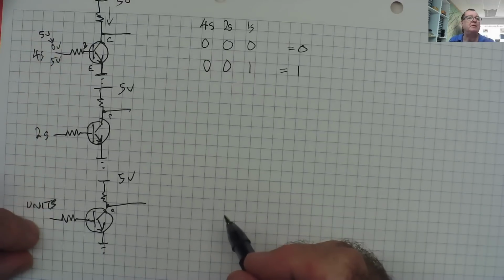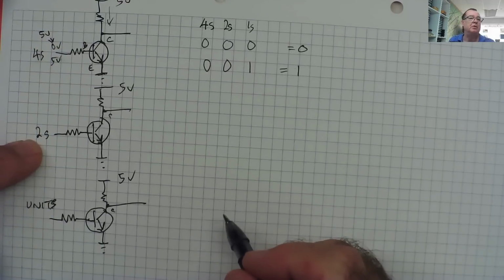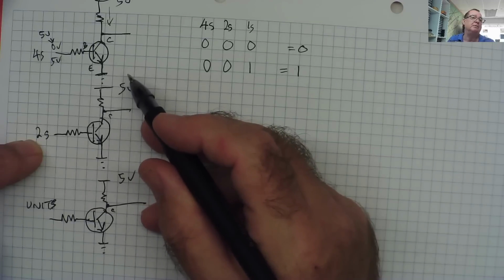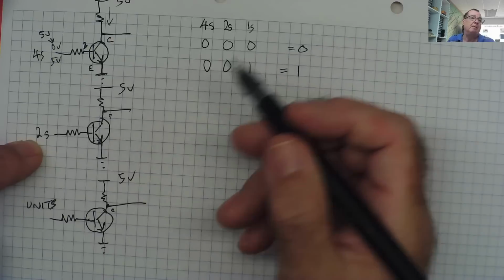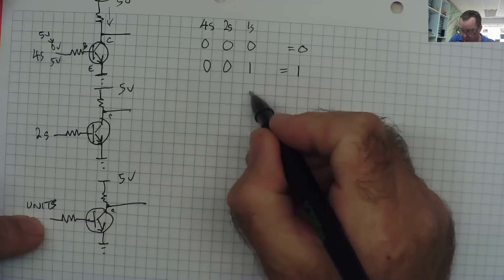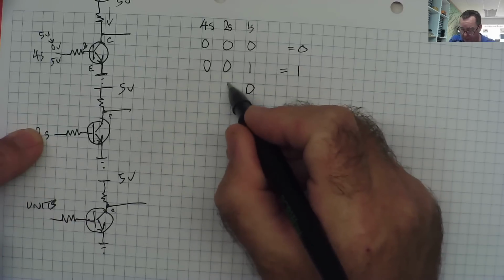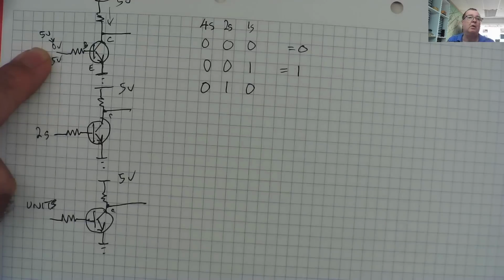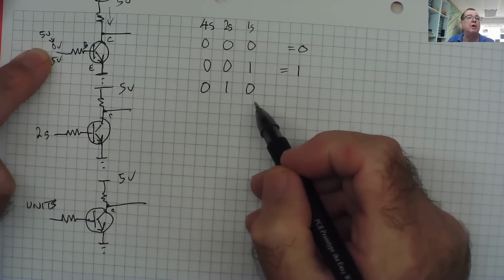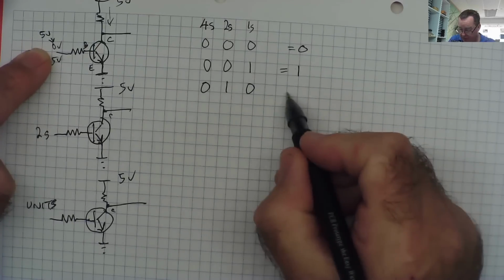Let's switch this transistor back on and switch this one off. The one that's switched off, the collector will go to 5 volts, which really represents, as we said, a 1. So this one is now on, this one is now off, this one is now on. We've got no 4s, we've got a 2, and we've got no 1s, so that is 2.